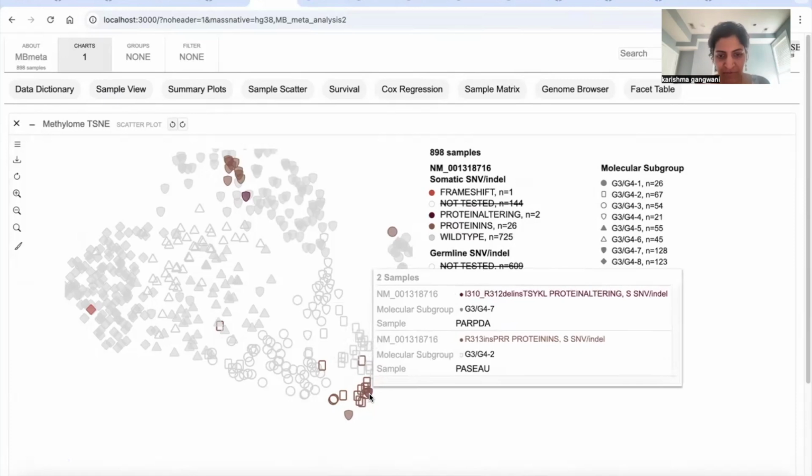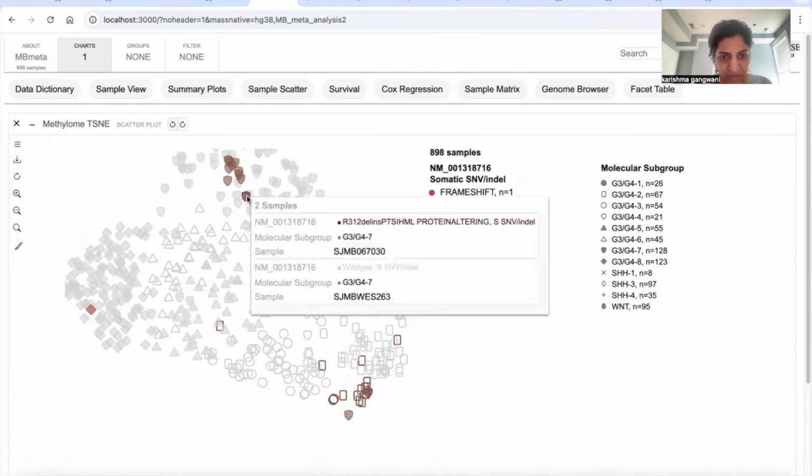So we additionally found other complex insertion events. One of them is this TSYKL, which is your threonine, serine, tyrosine, lysine, and leucine at the I310 position.